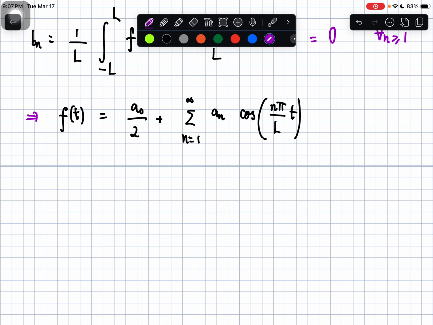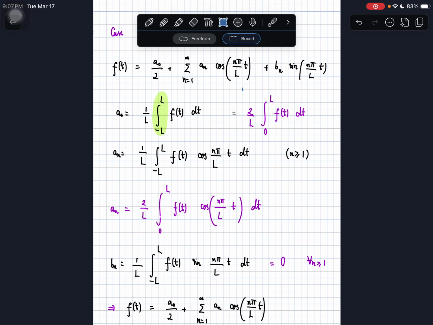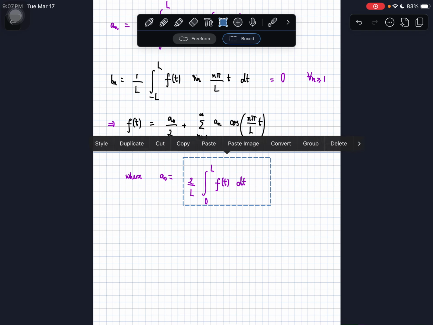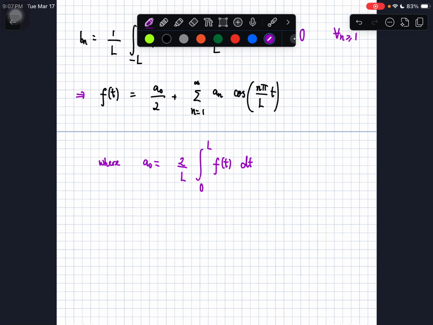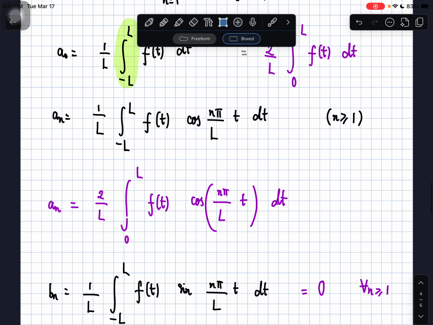Where a0 is 2 over L times the integral from 0 to L, and an is 2 over L times this.